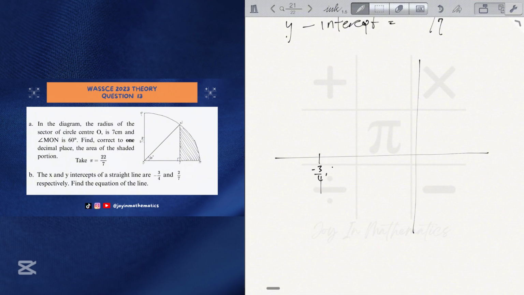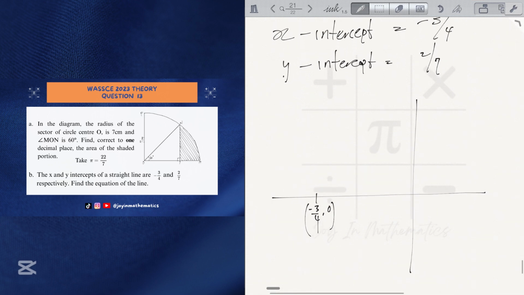It's -3/4, 0. That's the x-intercept, and the y-intercept is 2/7. So it will be 0 on the x-axis and 2/7 on the y-axis. So if we join these points together, we will have the line that we are talking about. So we are looking for the equation of this line.